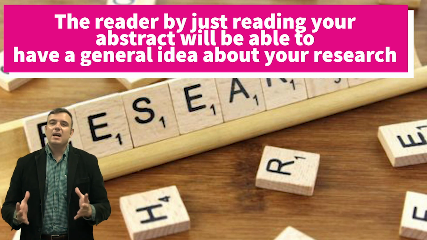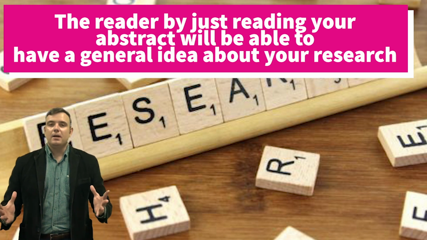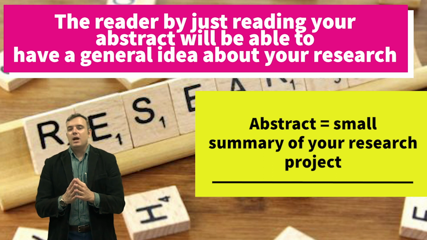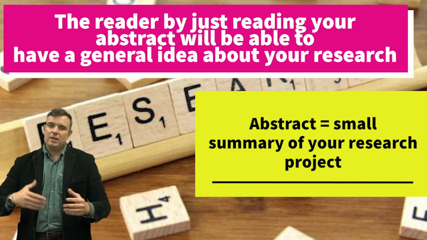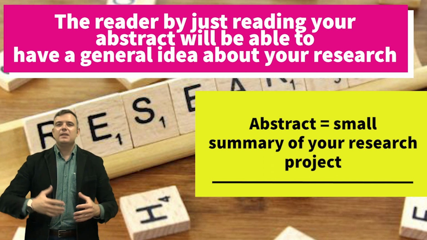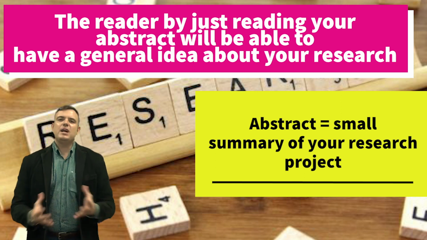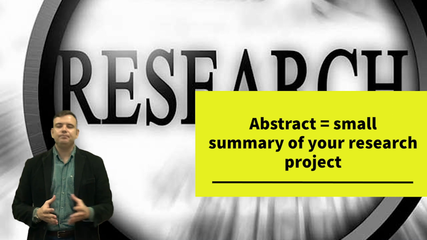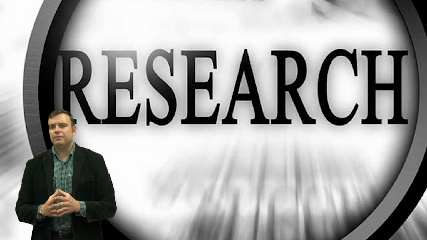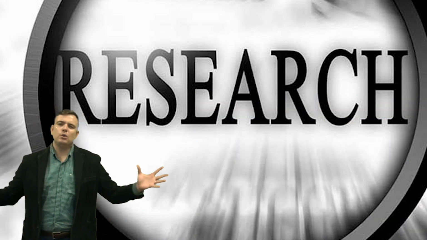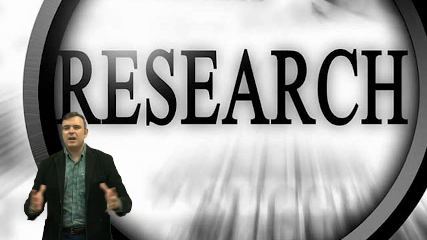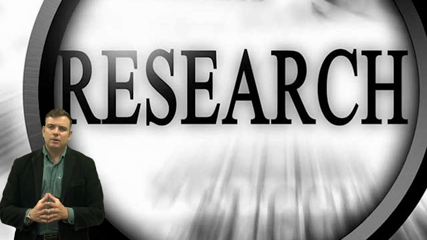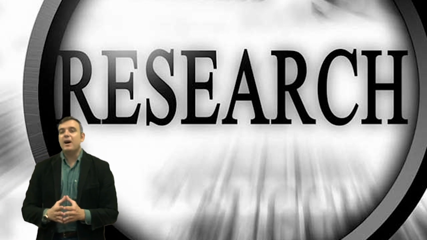So it's kind of like a small summary of your whole research project. That way the reader will have a general idea of what your research was, how you conducted it, and what your findings were. That's what we call an abstract, a general overview provided to the reader.